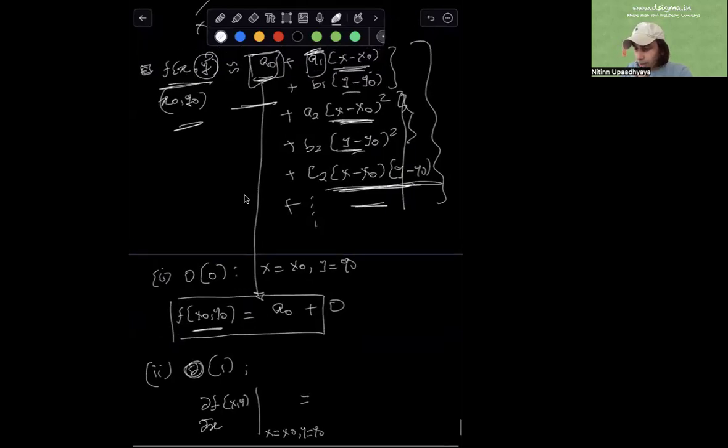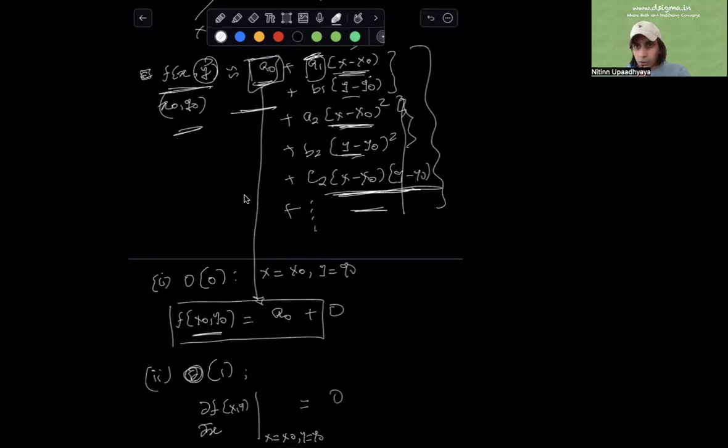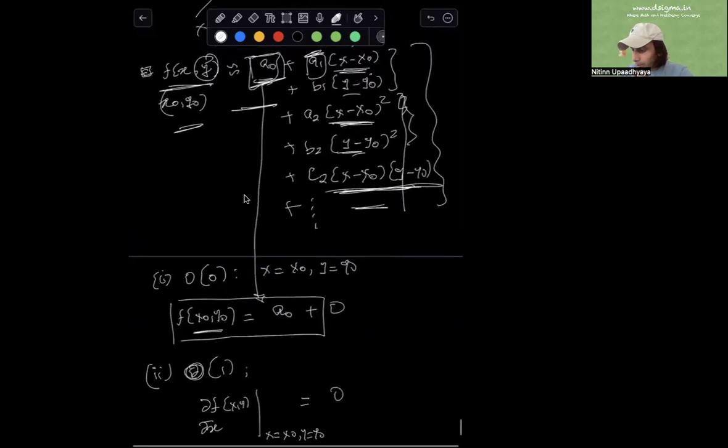On the right-hand side, if I take the partial derivative of the expression with respect to x, and then evaluate that partial derivative at the point x equal to x naught, notice that the first term, which is just a constant, would just be 0. The second term would give me a1, and the derivative of x minus x naught with respect to x would just be 1.